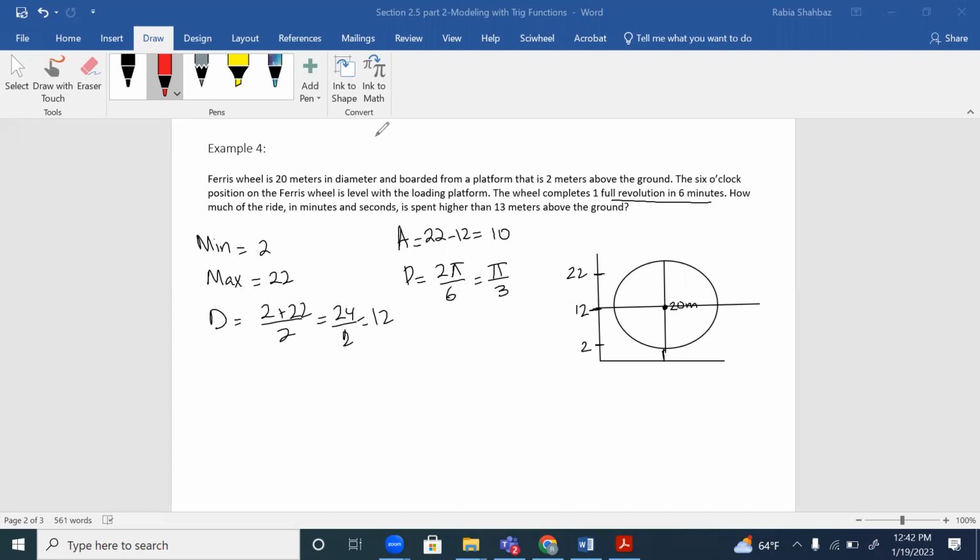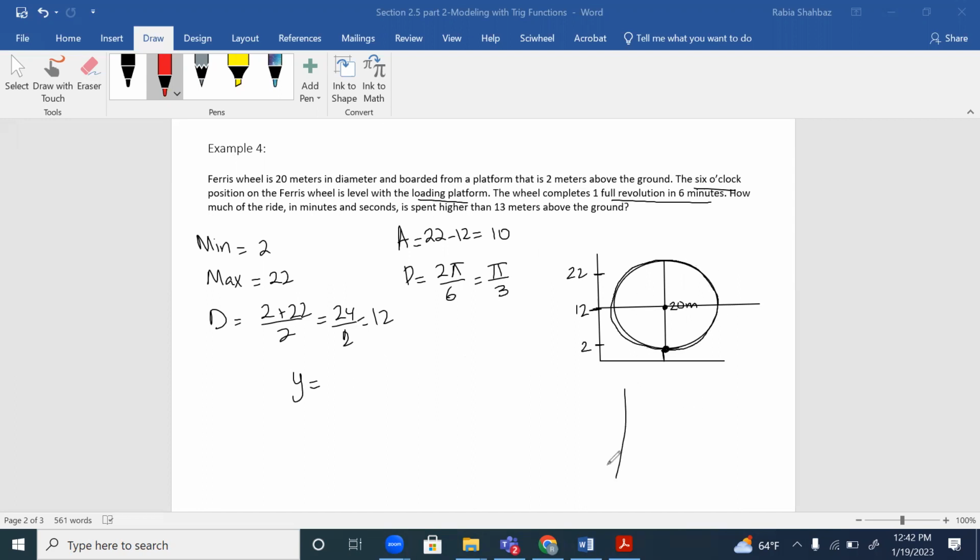If I am writing a simple cosine function, let's say someone is starting off at the minimum point, the Ferris wheel's loading platform, which is at the minimum point at 6 o'clock. That person is moving along this wheel, so the height is increasing, reaching the maximum, then decreasing, reaching the minimum.